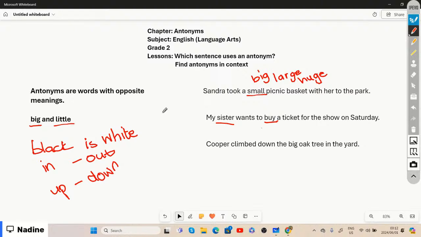So we can say, if it's not my sister, the opposite of my sister would be my brother. Or we can say, to buy something, the opposite of buying is to sell. So it's either buying or selling. Yes, brother is correct.